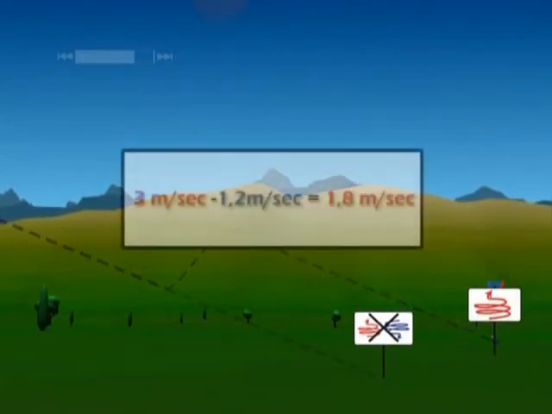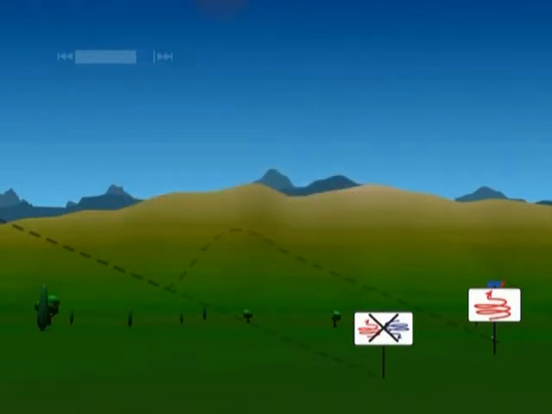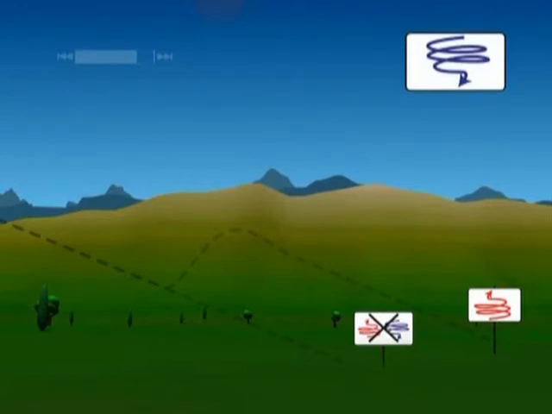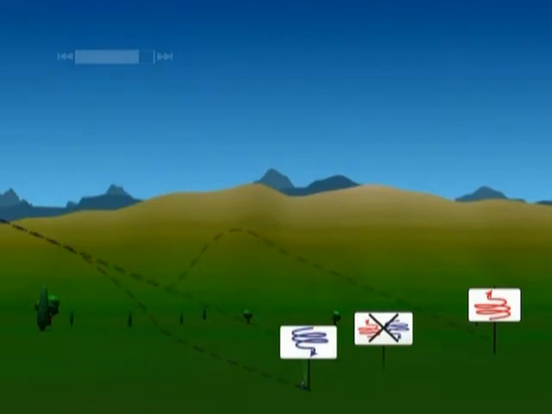The climbing speed will be 3 meters per second minus 1.2 meters per second, which equals 1.8 meters per second. You may have already guessed that in the opposite case, when the paraglider comes across a downdraft, his sink rate will increase because he is falling in a mass of descending air. He'll cover less distance than under stable air mass conditions.